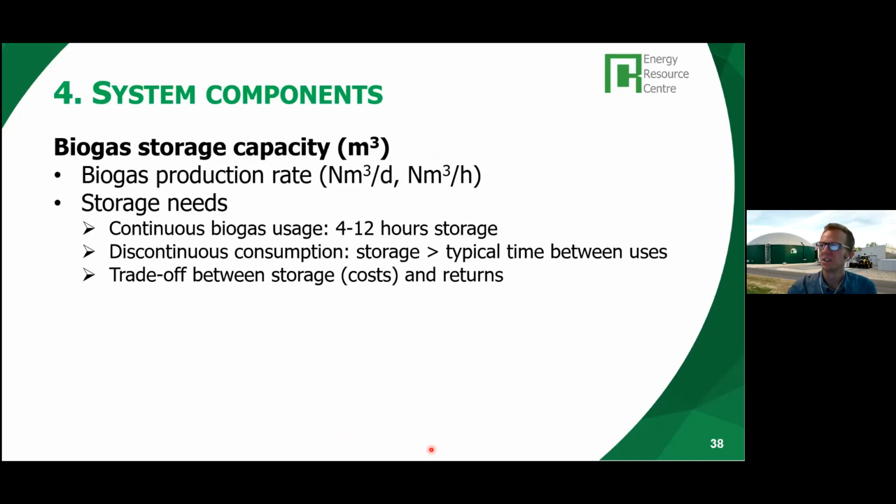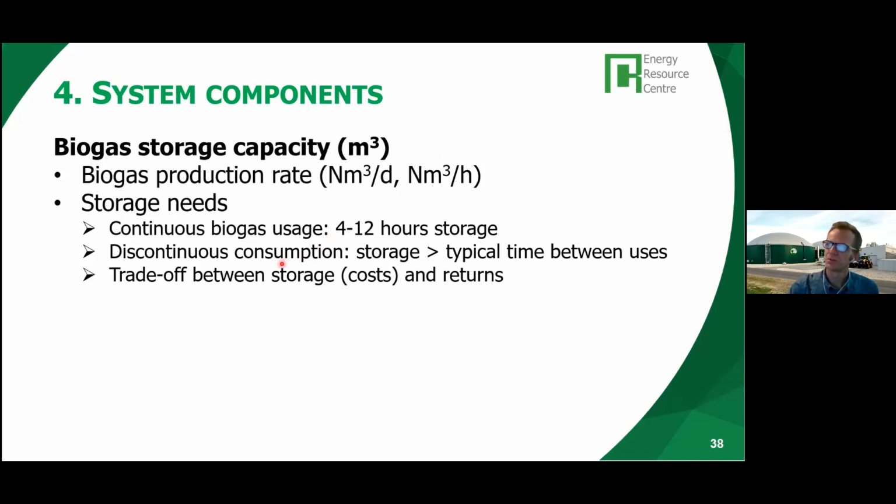Then, in addition to the digester conversion capacity related to its volume, you may have a certain need for storage of biogas, and that could be quite a limited amount if you have a continuous usage of biogas. For example, if you have a grid-connected system that is running continuously at a continuous loading rate, then you could make do with a relatively low amount of storage.